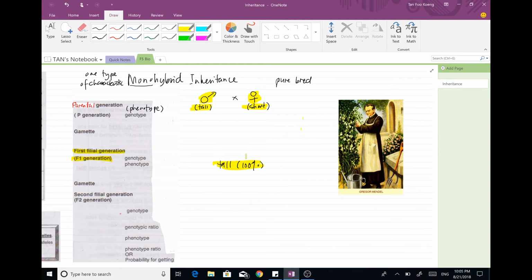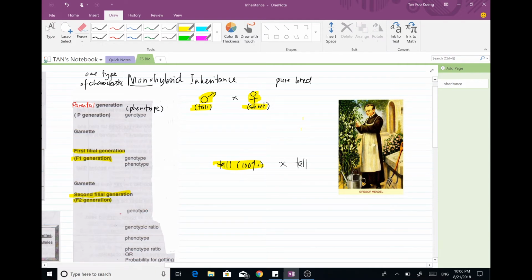So to solve his problem, he tried to cross the first filial generation with another first filial generation. That means he tried to cross a tall F1 plant to another tall F1 plant. And guess what is the outcome of the second filial generation, or the F2 generation?